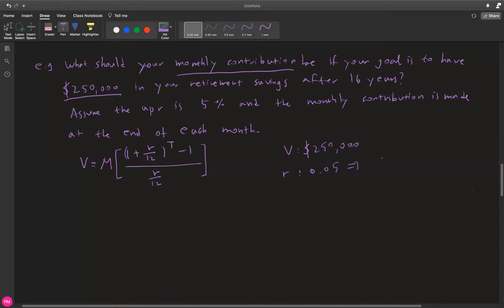And this would mean that R over 12 is 0.05 divided by 12. You can put this into decimal, but I prefer the fraction because this would often give you some repeating decimal and would not get you the exact number.